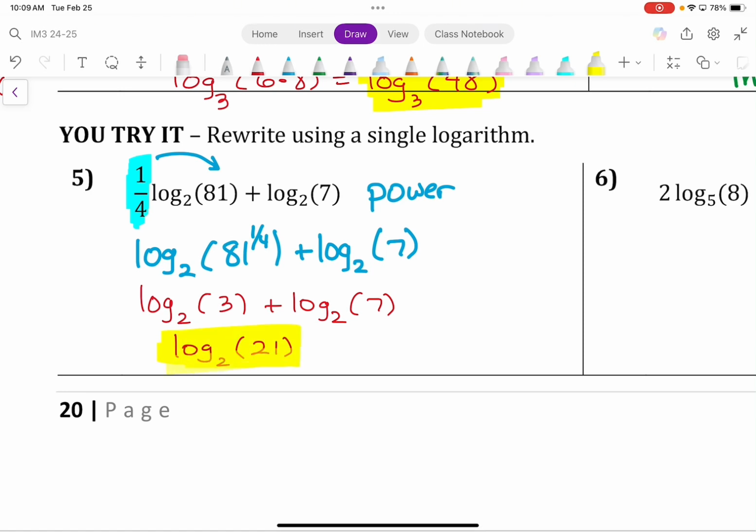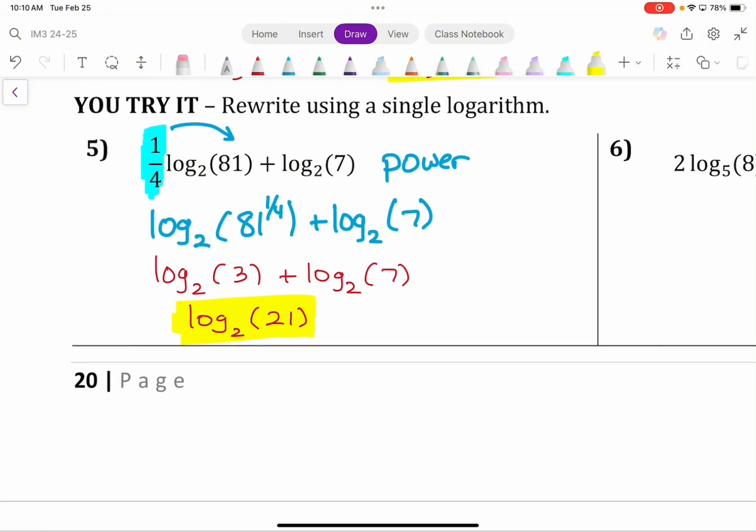When you're ready, you can check your work for the first one. If you're done with the first one, try the second one. I will post the solution in just a second.